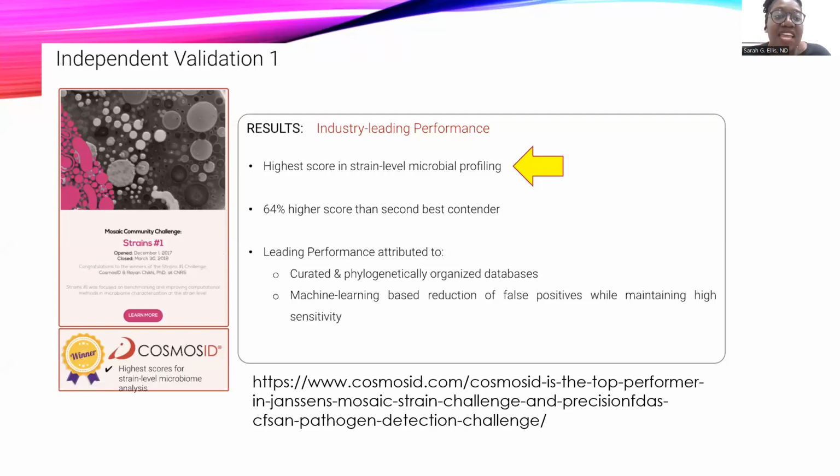They have the highest score in strain level microbial profiling, 64% higher score than their second best contender with whole genome sequencing. And they use machine learning based reduction to help reduce false positives while maintaining high sensitivity.